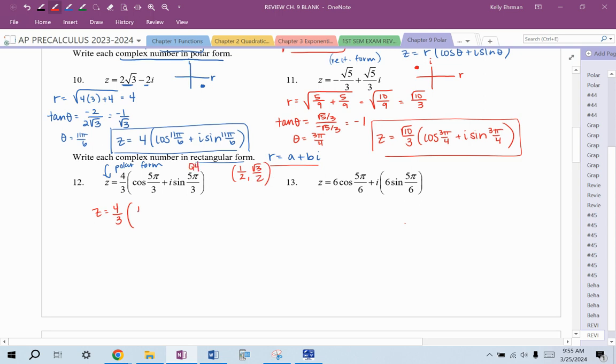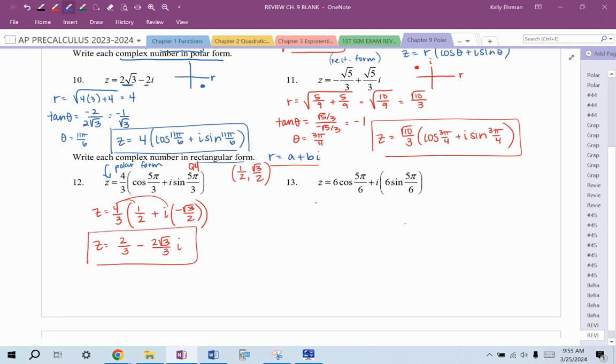So cosine is positive 1/2. Sine is negative radical 3 over 2 down in quadrant 4. Distribute the 4/3 is your last step. 4/3 times 1/2 is 2/3. It's going to be minus, because of this negative, 2 radical 3 over 3 times i.